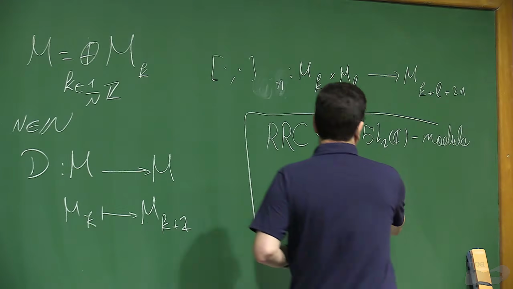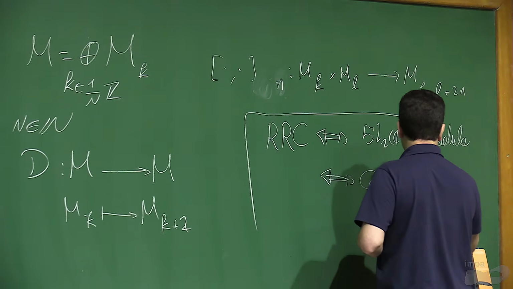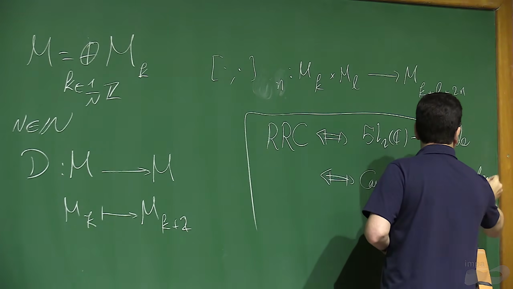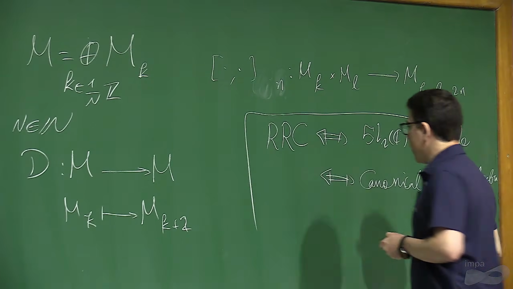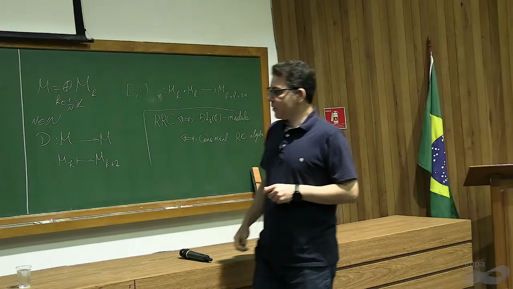So another equivalent relation is having the canonical Rankin-Cohen structures. So why are all these conditions important?